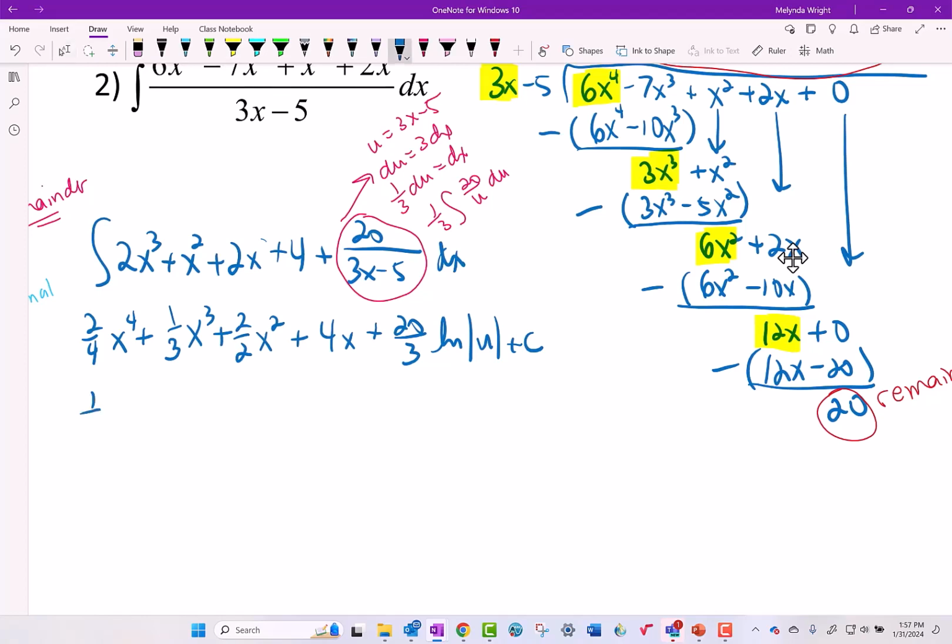So I have 1/2 x to the 4th plus 1/3 x cubed plus x squared plus 4x plus 20 over 3 ln of 3x minus 5 plus c.